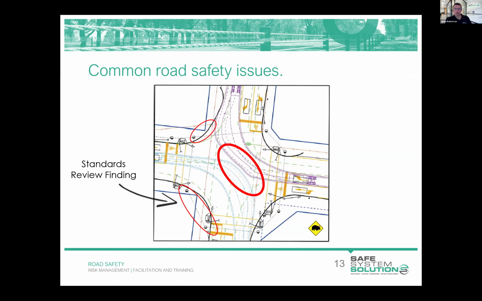A good swept path diagram would nominate the turning speed and dimension the radii that have been used for the turns as well, just to make it transparent for a reviewer and show that the designer's not trying to hide anything. Yeah, and that links in with a comment Anthony's made there around where the value of the turning radii is taken from. So how is that choice made? And should that be documented on the plan?